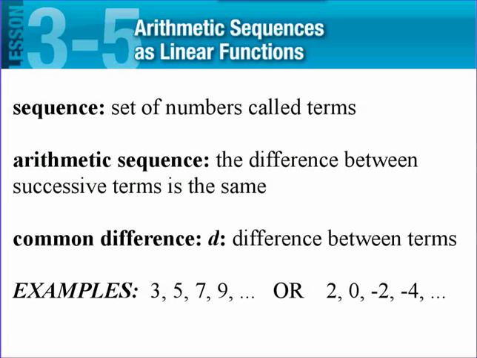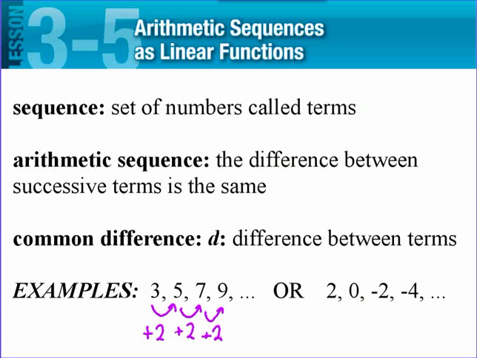Adding 2. So 2 would be considered the common difference. That is an arithmetic sequence because on every term, I'm adding 2. Now for this to be an arithmetic sequence, you have to add 2 every time. You can't add 2 here and then add 3 and then add 4.